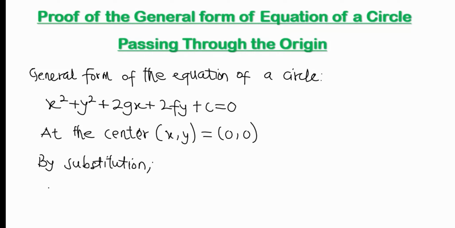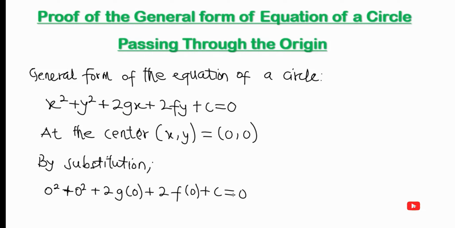Then we are going to have 0 squared plus 0 squared plus 2g multiplied by 0 plus 2f multiplied by 0 plus c is equal to 0. And we can see that 0 squared is 0, plus 0 squared is 0, plus 2g multiplied by 0 is 0, plus 2f multiplied by 0 is 0.